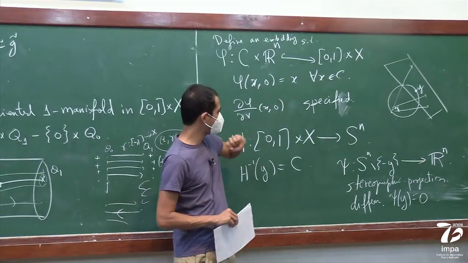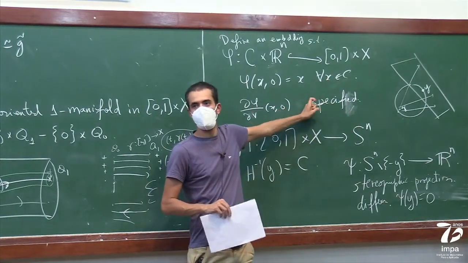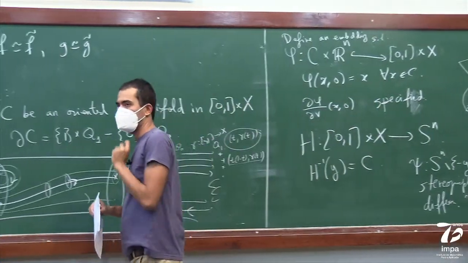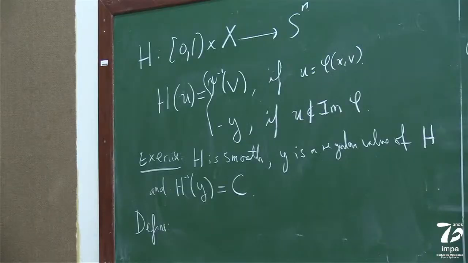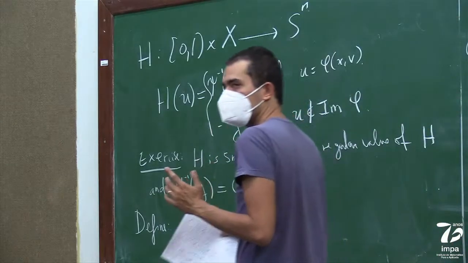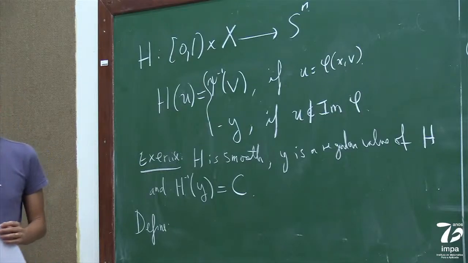And you have these properties here, and I still need to specify what I want here. But in principle, you know that there exists some, so far, you can just use any kind of embedding, any tubular neighborhood that exists.